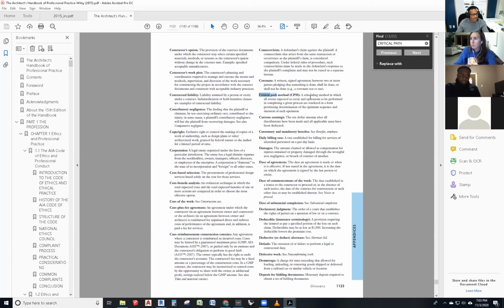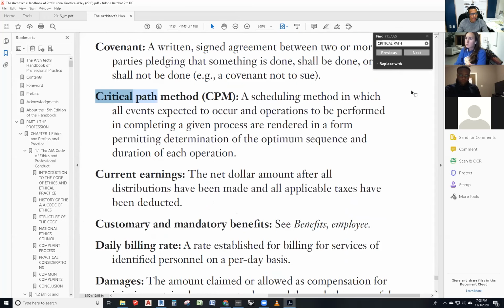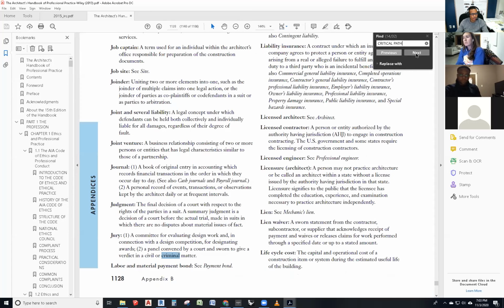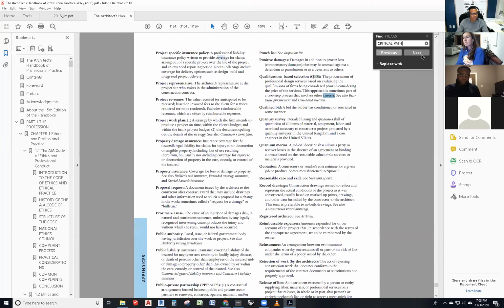So critical path method, a scheduling method in which all events expected to occur and operations to be performed in completing a given process are rendered in a form permitting determination of the optimum sequence and duration of each operation. That's a good one. Out of all the maps and all the sequences, this is the best way of achieving that goal. Let me see if they have a diagram.